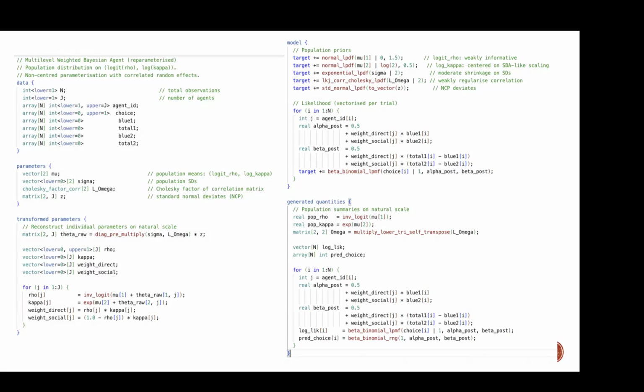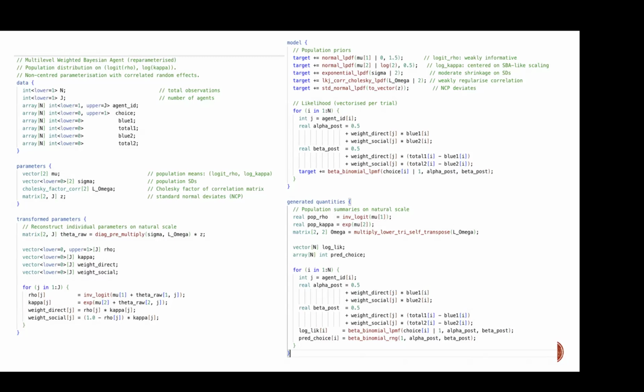The kappa is the mean of the population for kappa plus the deviation of that participant passed through an exponential because of the log, right? It's a positive value. And then the weight direct is the rho of that participant times the kappa of that participant. The weight social is 1 minus rho, and so on.